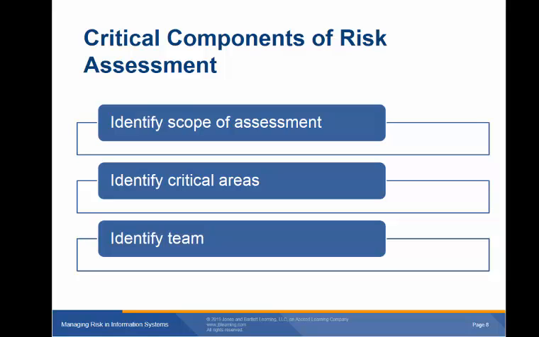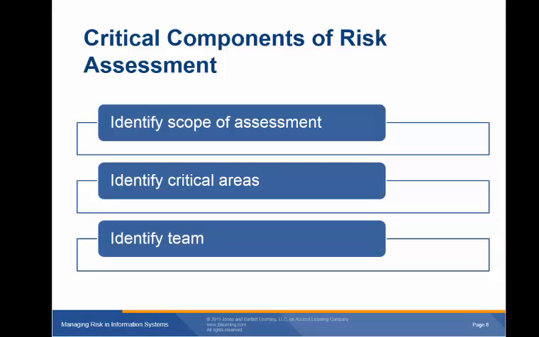The departments may have conflicting goals and interests that prevent the recommendations from being easily implemented. In this case, a separate risk assessment should be created for each department, whether it's human resources, finance, or your basic IT shop, your critical areas there.